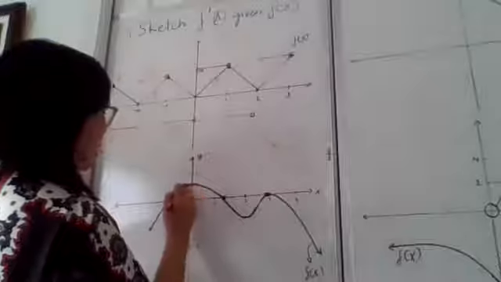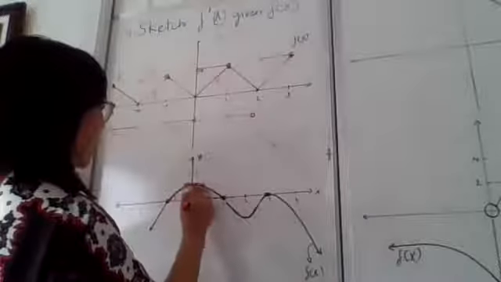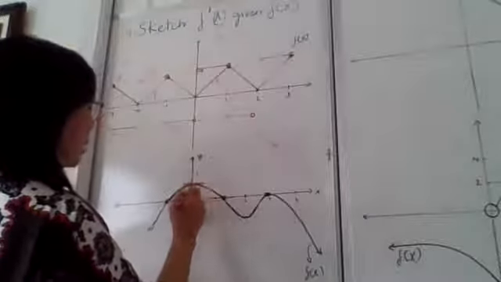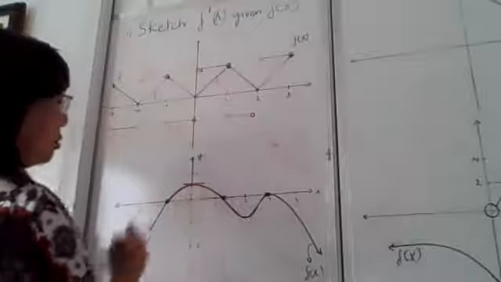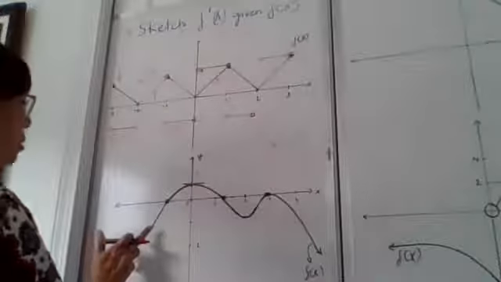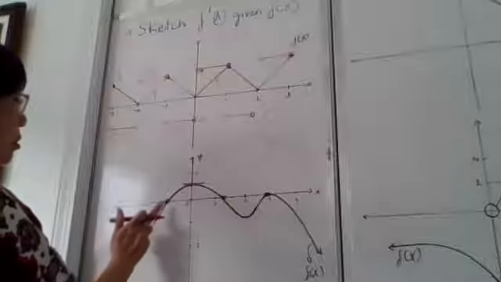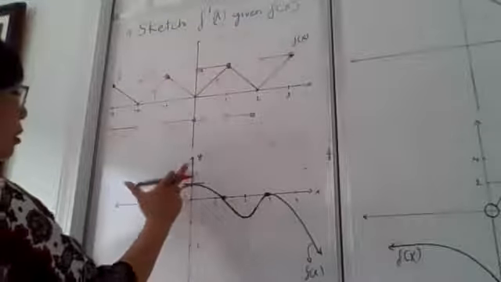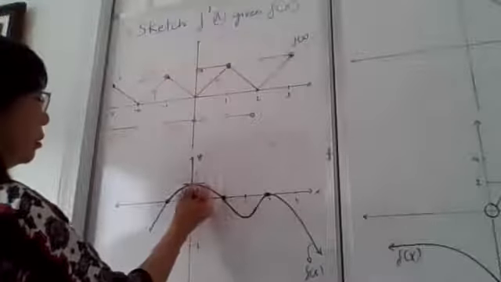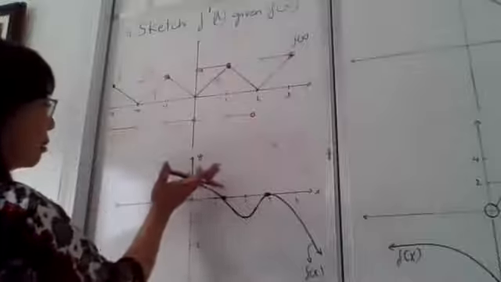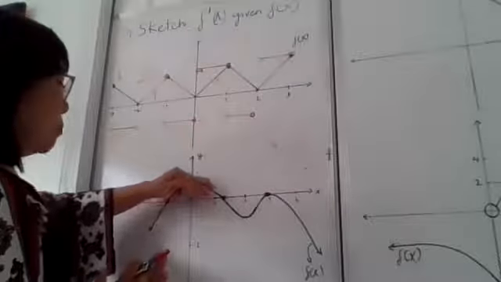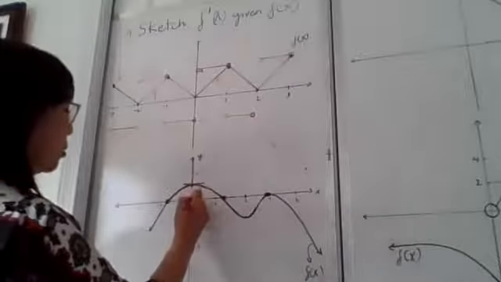And at this point, the function has a horizontal tangent line at zero, right? So this is the curve, and the function is increasing, and then finally, the slope of it becomes 0 at the origin.